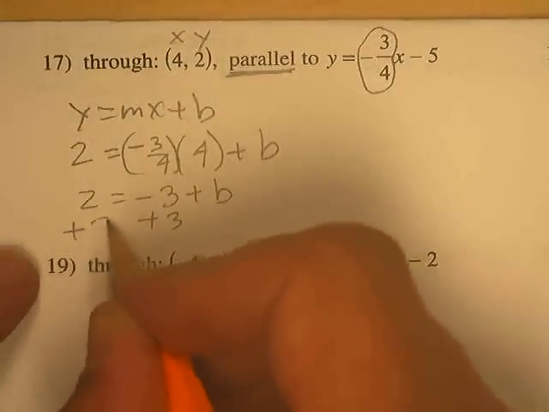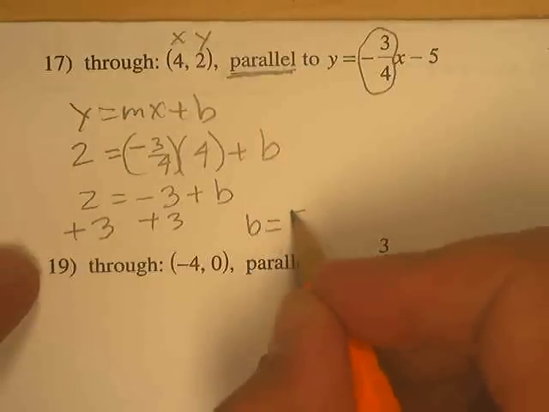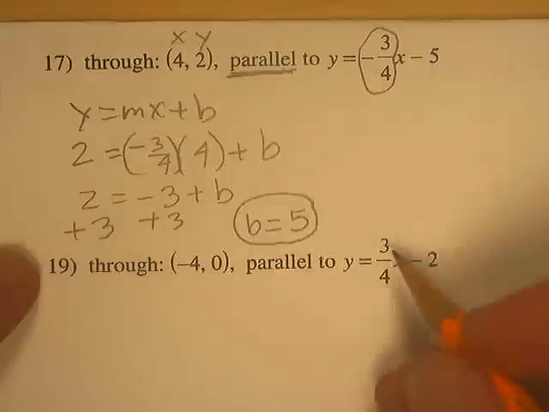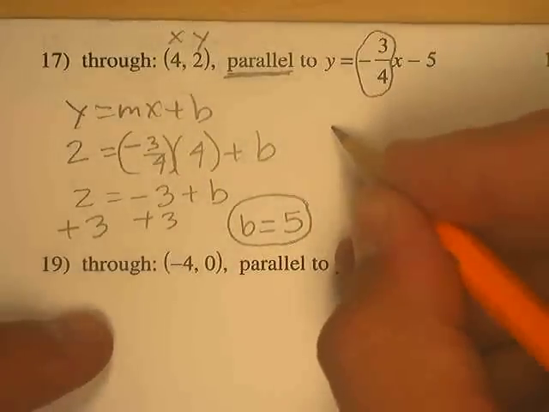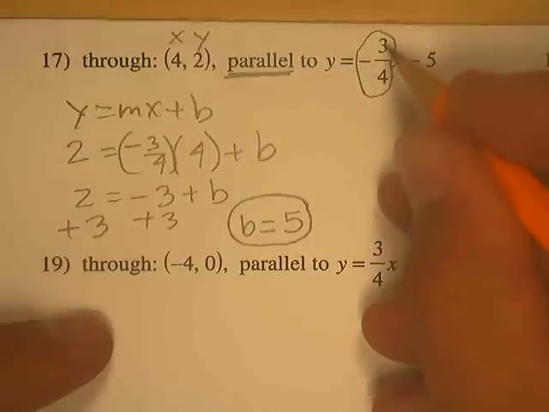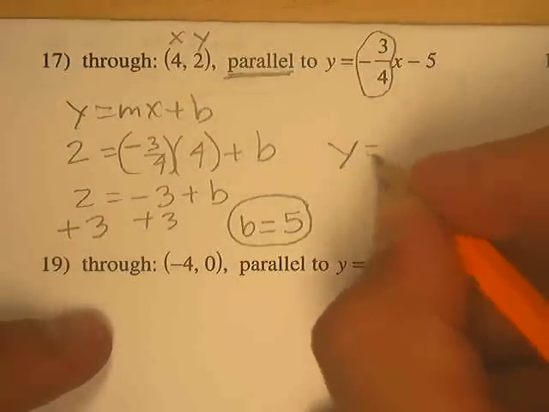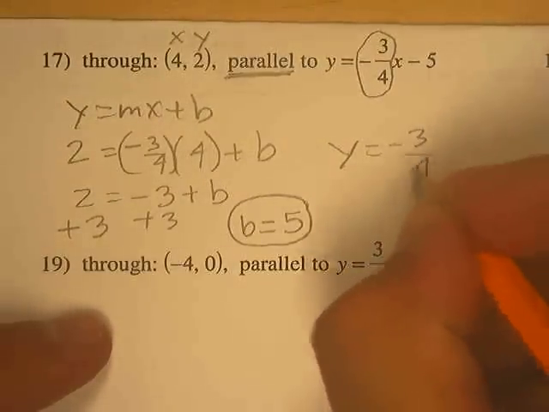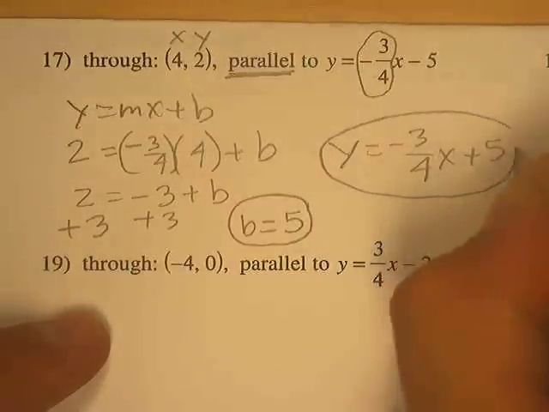I'm going to add 3 to each side. So b is going to equal 5. Right? So now I know my b is 5 and my slope is negative 3/4. So my new equation is going to be y equals negative 3/4 x plus 5.